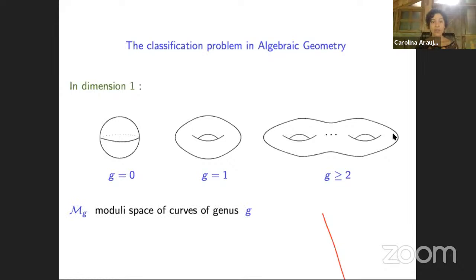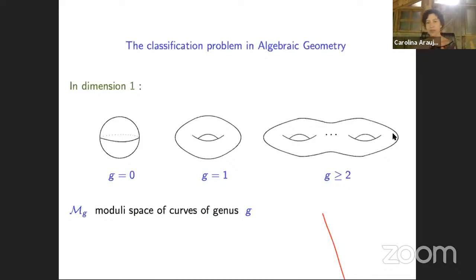Once you fix the genus, you have a moduli space. Now you have a continuous family, which we call a moduli space of curves of genus g. This is again an algebraic variety that is parametrizing isomorphism classes of curves of genus g.